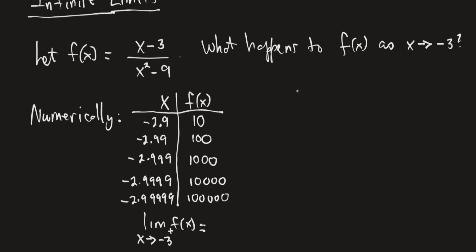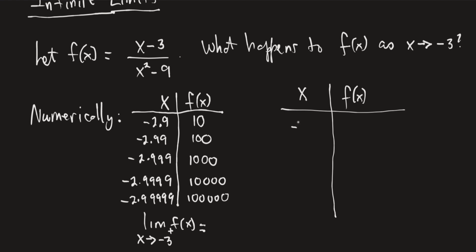Similarly, let's say we have our table like this, and we now want x to approach negative 3, but from below. We would need to take values of x that are less than negative 3 but relatively close, and they continue to get closer and closer.